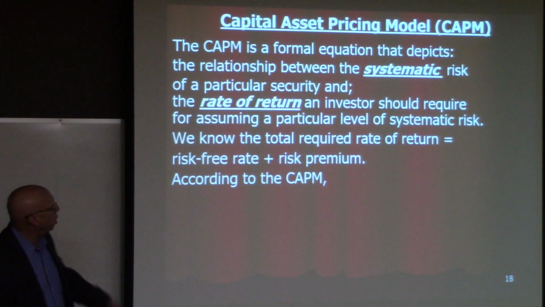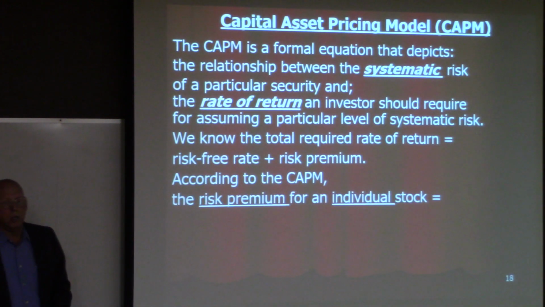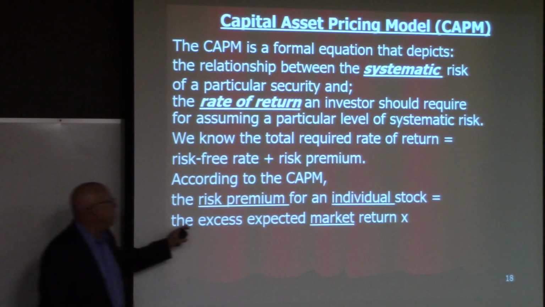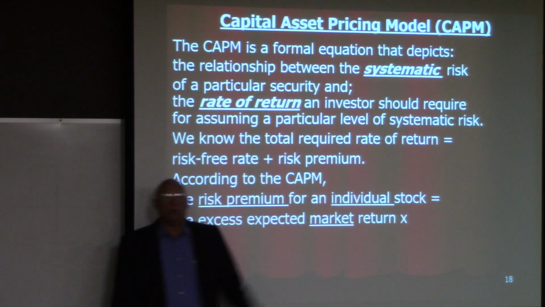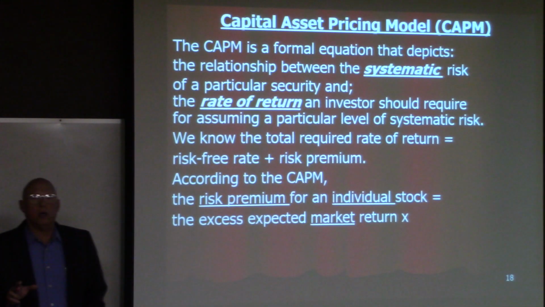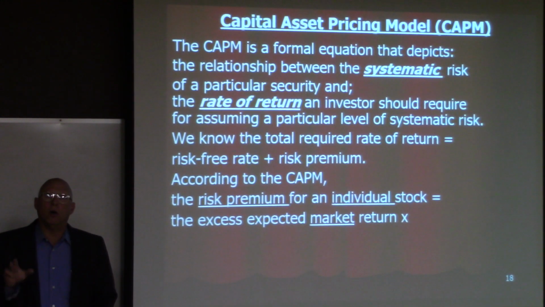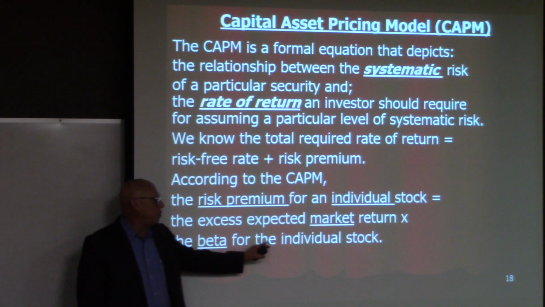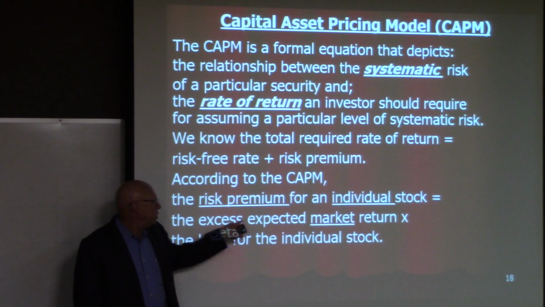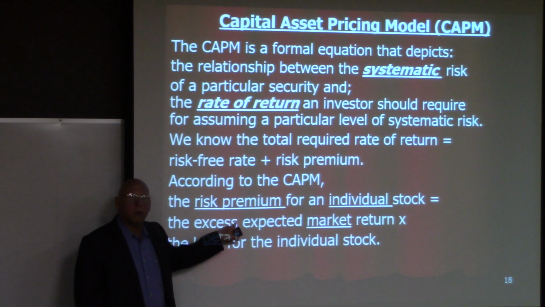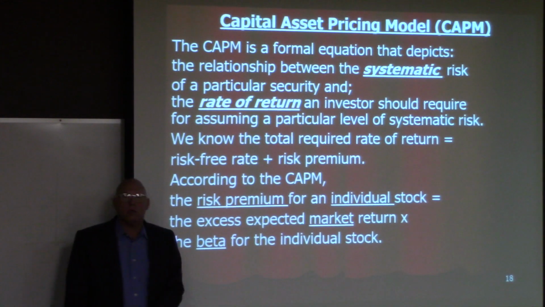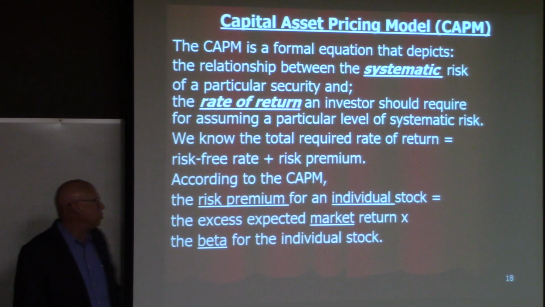Okay? According to the capital asset pricing model, the risk premium for an individual stock is equal to the excess expected market return, the amount of return we expect if we were to invest in the overall stock market versus the risk-free security or T-bill, times the beta for the individual stock. So this is the excess return for the market, the risk premium of the overall market, and we're going to adjust that risk premium by the amount of beta for the individual stock.